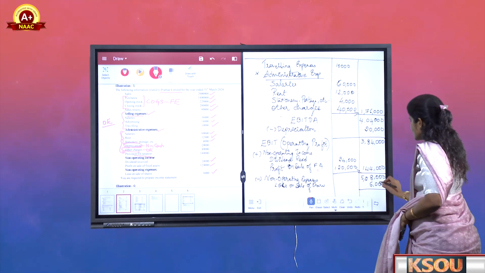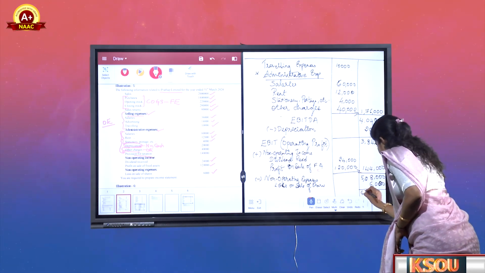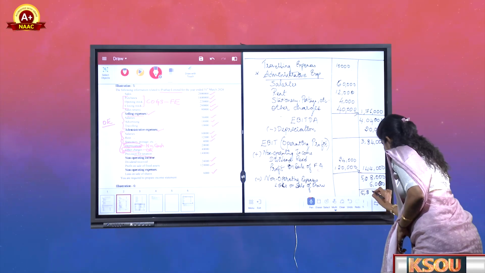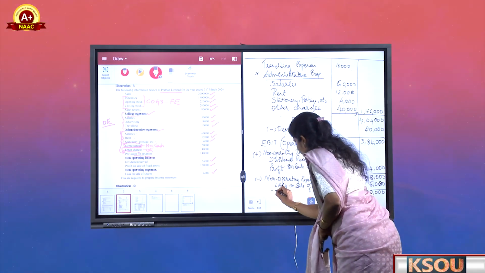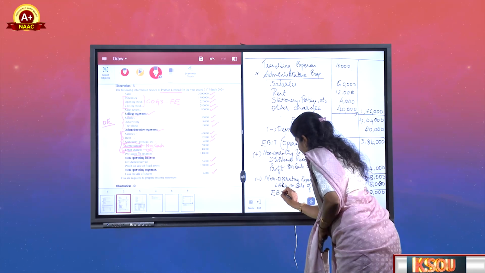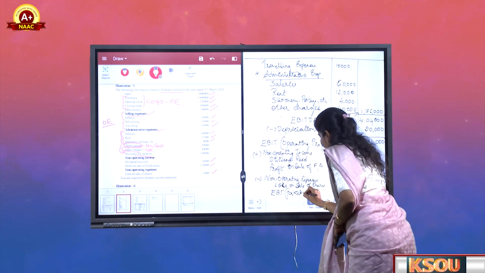If we deduct this loss on sale of shares of 6,000, the balance is 5,22,000. This is called taxable profit and it is also called EBT, which is nothing but earning before tax.